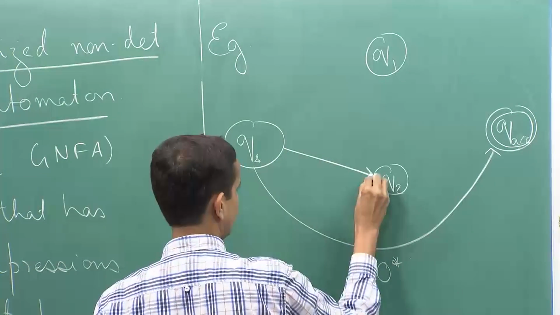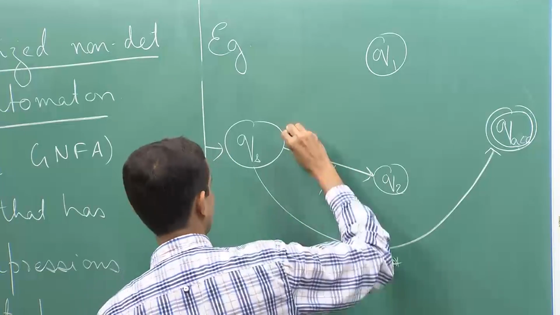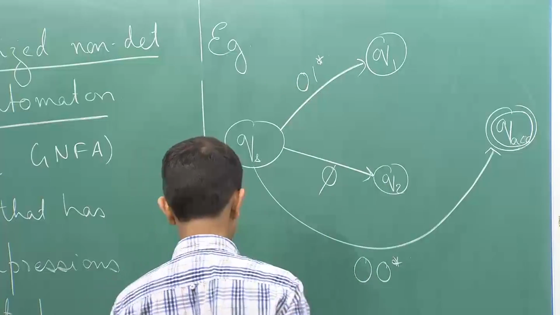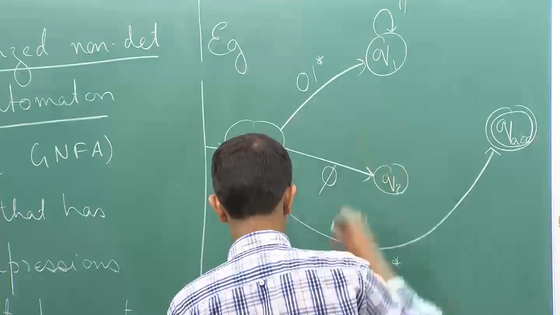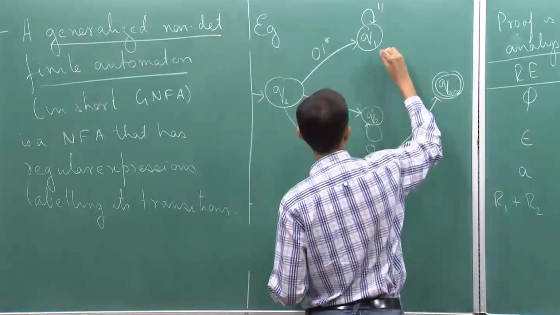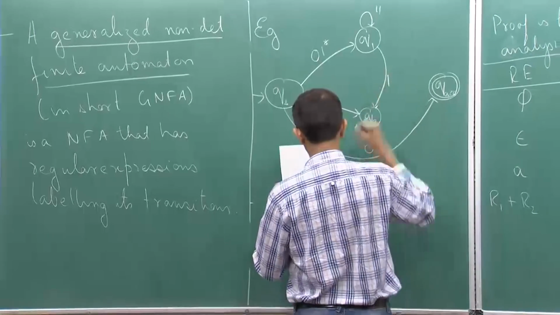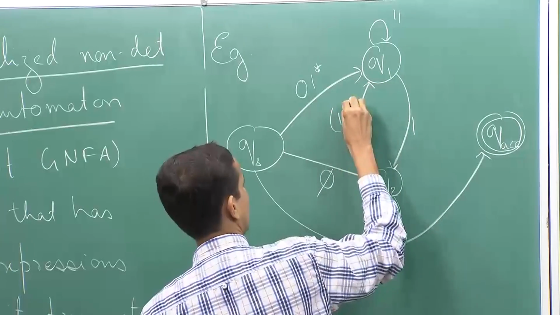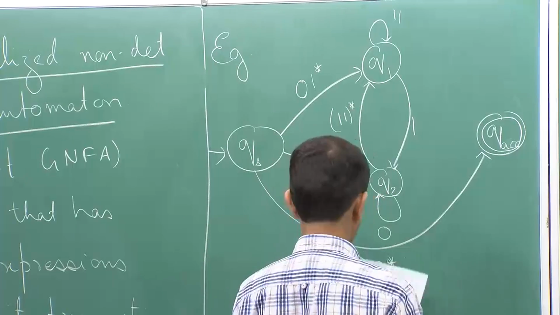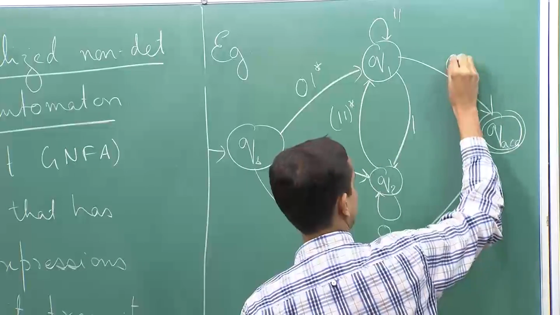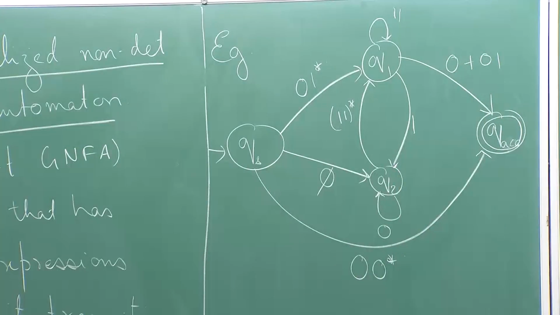from Q start to Q2 with the regular expression phi, Q start to Q1 with the regular expression 0 1 star, a self loop on Q1 with 1 1, 0, Q1 to Q2 with the regular expression 1, Q2 to Q1 with 1 1 star, and let us say Q1 to Q accept with the regular expression 0 plus 0 1.